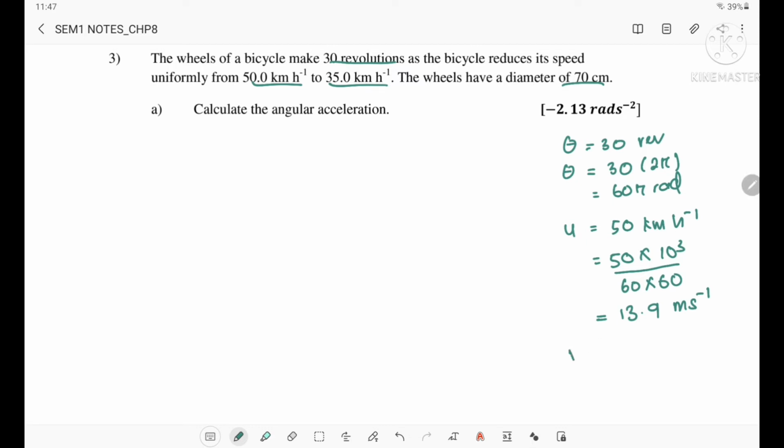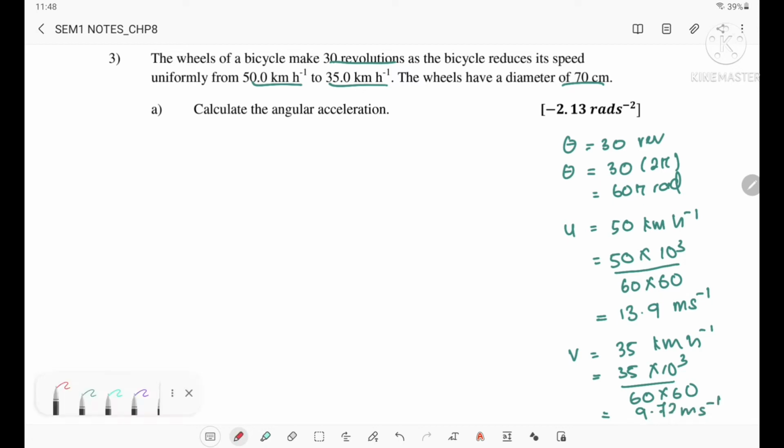And then v equal to 35 kilometer per hour. This one also you need to convert into meter per second first. So 35 times 10 to the power of 3, convert to meter, and divide by 60 times 60, convert to second, and we have the answer is 9.7 meter per second.